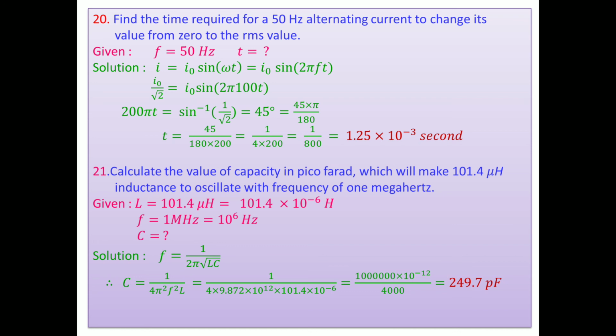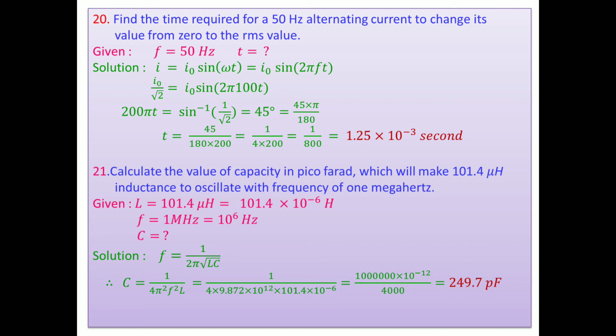So 200 pi t equal to 45 pi upon 180. After calculation, t equal to 45 upon 180 upon 200, which is equal to 1 upon 4 into 200, meaning 1 upon 800, 1.25 into 10 raised to minus 3 seconds.